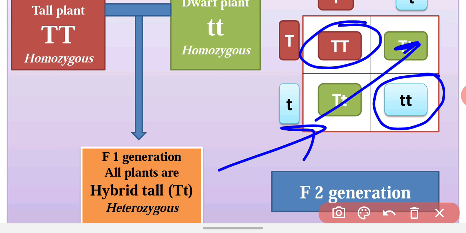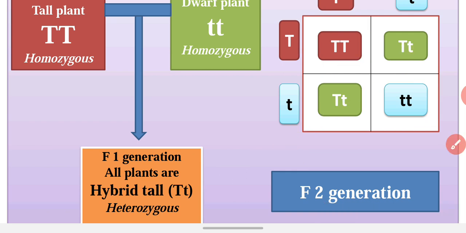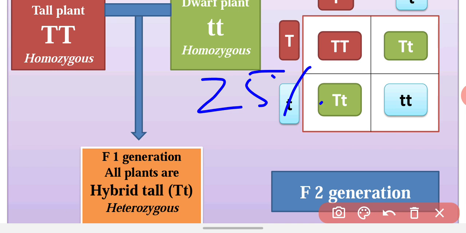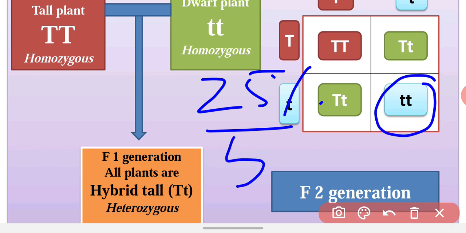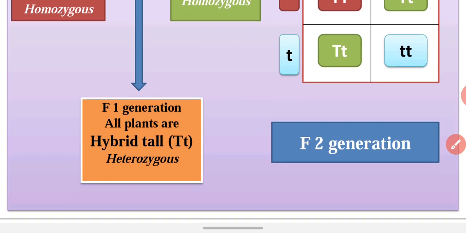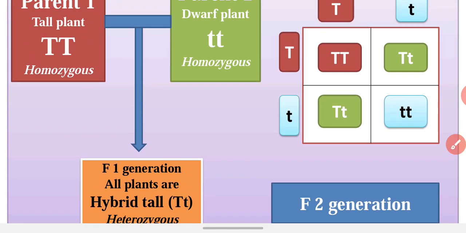In this F2 generation, 25% of plants are pure tall and 25% are pure dwarf, but 50% of plants are hybrid in nature. This is also known as the genotypic and phenotypic ratio.